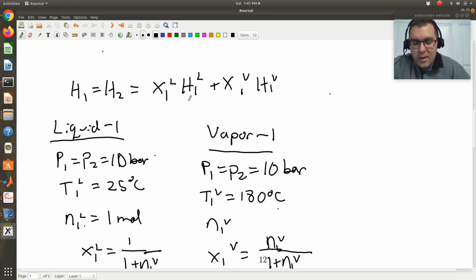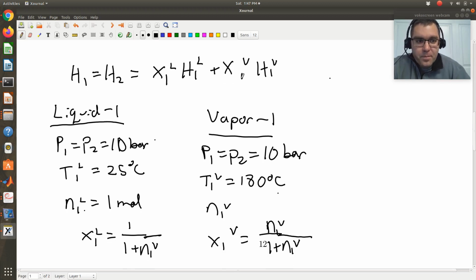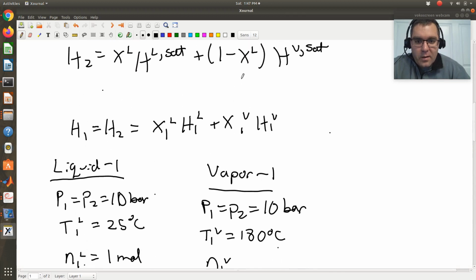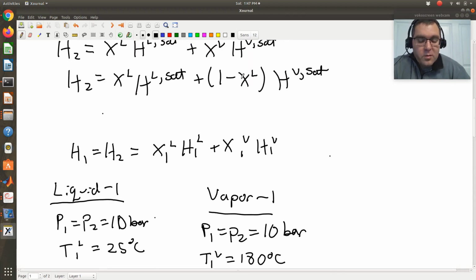And so what I'm going to do next is calculate H1L and H1V. This way I could technically solve for X1L or X1V, since X1V is just 1 minus X1L. So let's write out formulas for those so that we can solve.